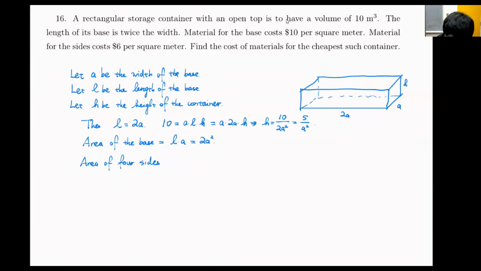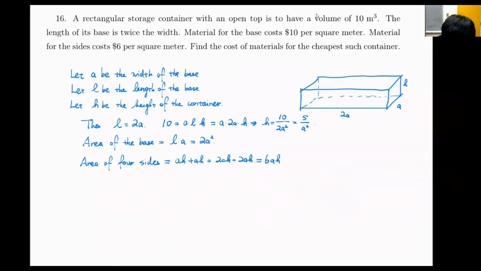The area of these 2 sides are simply a times h, and the front and back sides are 2a times h. So the area of the 4 sides summed together is a times h plus a times h, the left and the right, and the front and back are 2ah plus 2ah. We simplify this a little bit, and we get 6 times ah.